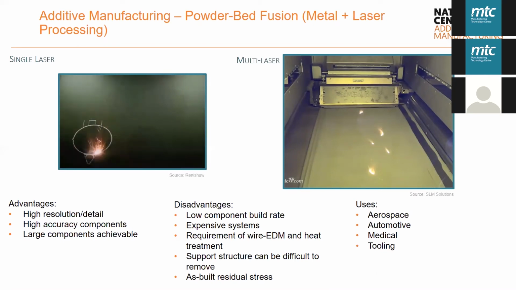There is also a requirement to wire EDM the components, so machine them off the base plate, as they will be attached to the base plate. And due to the thermal gradients found as you go up the build of the component, you can potentially see some residual stresses, which means that you will most likely need to heat treat the component before wire EDM. Also, some of the support structure could be difficult to remove from the components using this method.